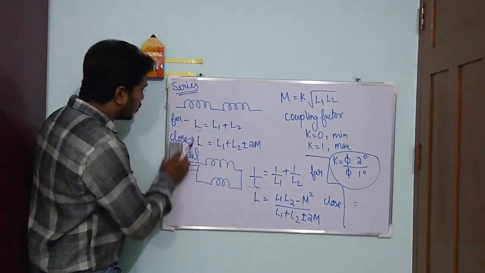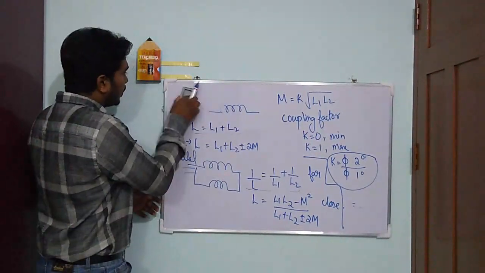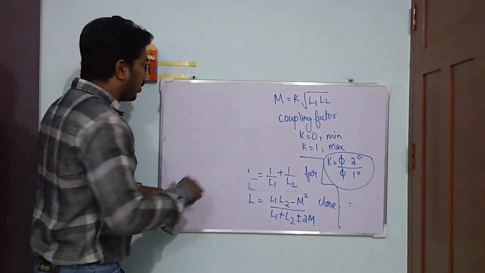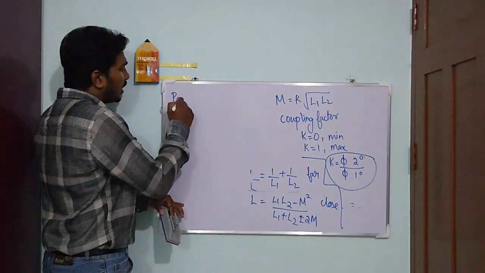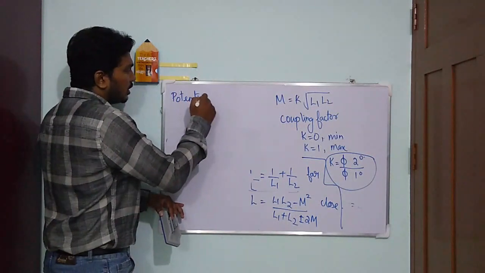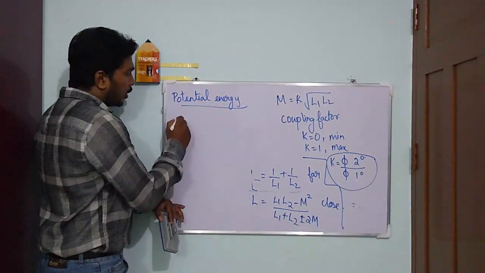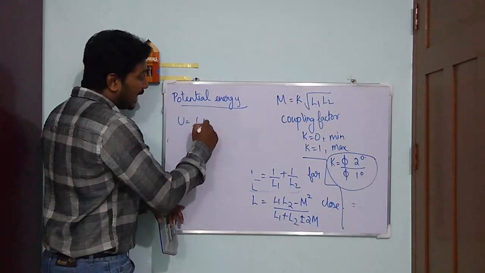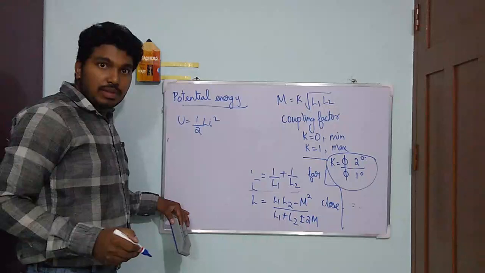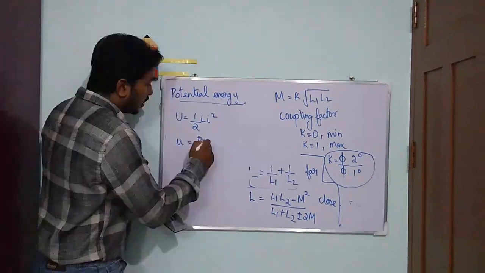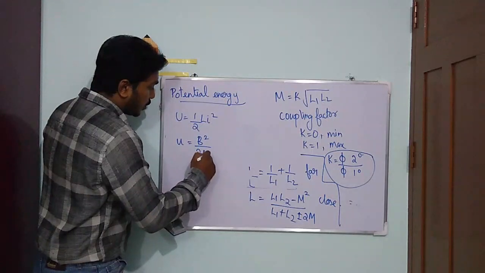One more thing to mention here is the potential energy involved in an inductor. The magnetic potential energy is given by U = half L i square. And the magnetic potential energy density is B square by 2 mu 0.